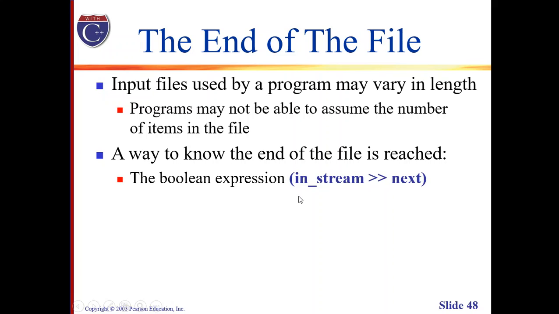So for example, we have the following Boolean expression. inStream is our stream object for our input file. This variable is linked to our input file, and it will keep on reading and put whatever information was picked up into the variable next. So this will keep on reading our input file and placing it into next until such time that nothing can be read, and therefore next no longer has a value.